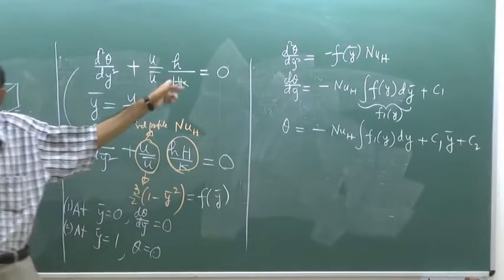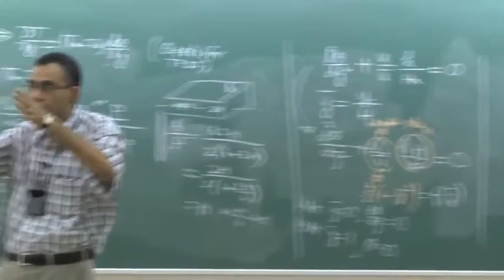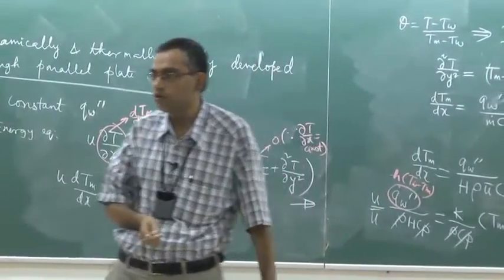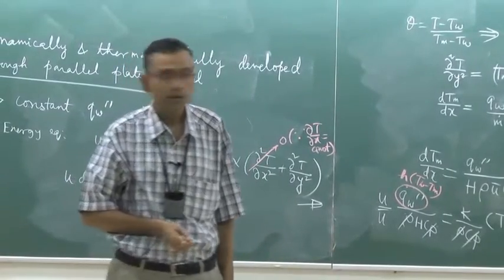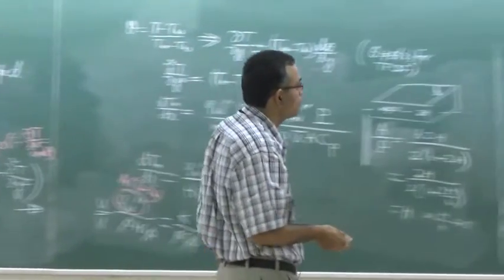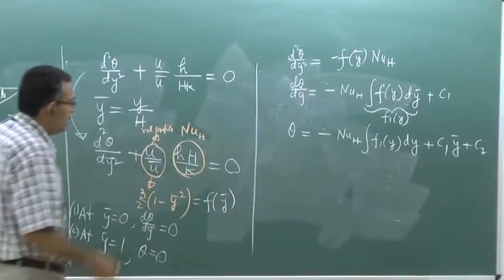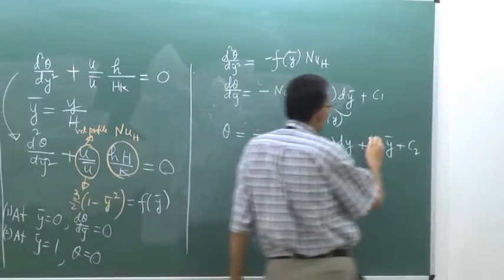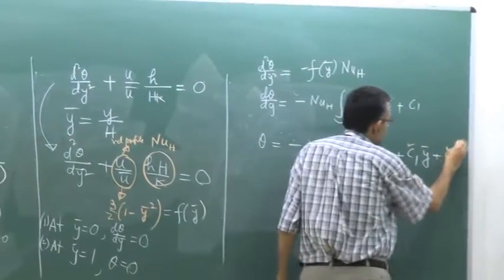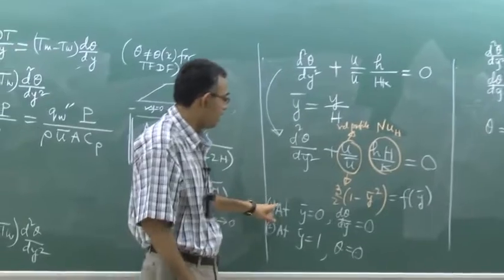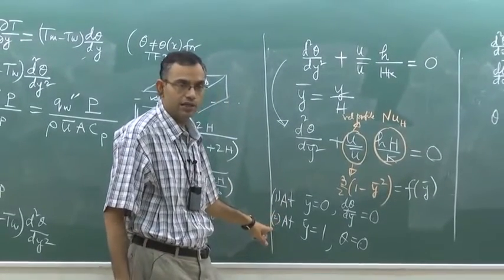I do not waste time by doing the integration. I want to give you the framework in which you can just put the numbers and values. So you can evaluate the constants C1 and C2 by using these two boundary conditions.